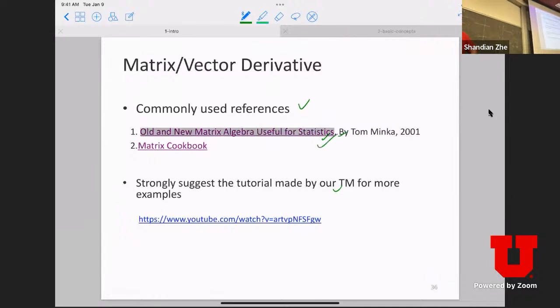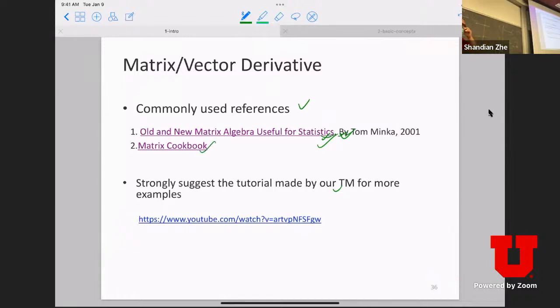I love the first reference because it not only gives you the result, it also tells you the idea. When I was in my first year of the PhD program, I spent a weekend going through this reference, and then I got to know everything. Another popular reference is called the Matrix Cookbook.